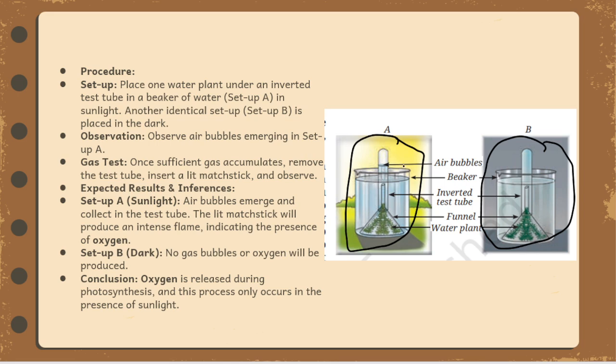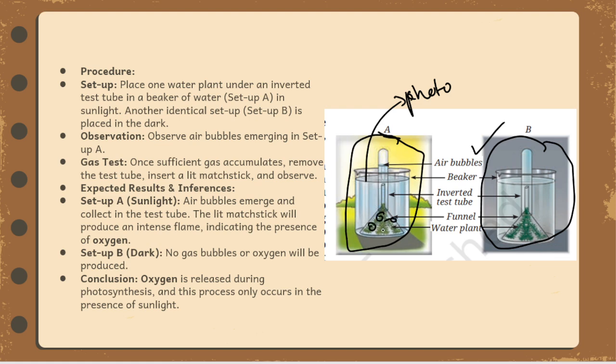B in dark. Setup A has all the above things like carbon dioxide, water, sunlight, air, chlorophyll, etc., so it will start the process of photosynthesis. But setup B does not have sunlight, so it will not perform photosynthesis. In setup A, you will start seeing bubbles emerging.